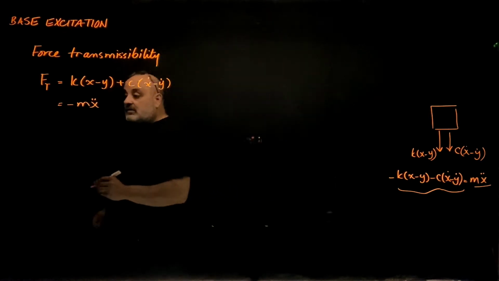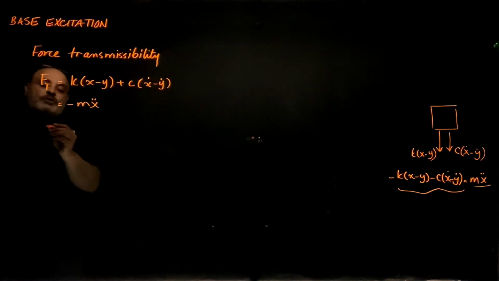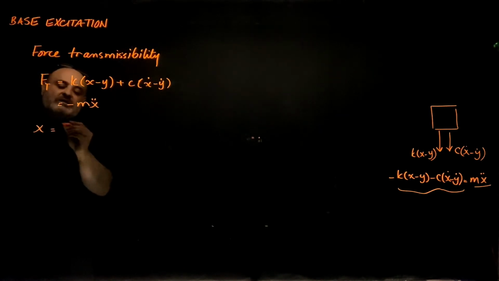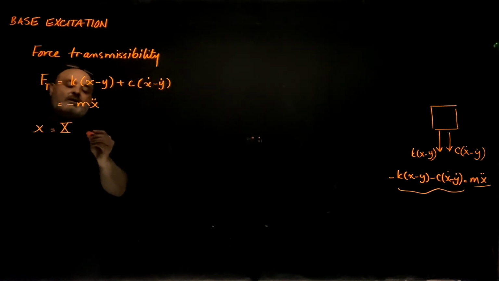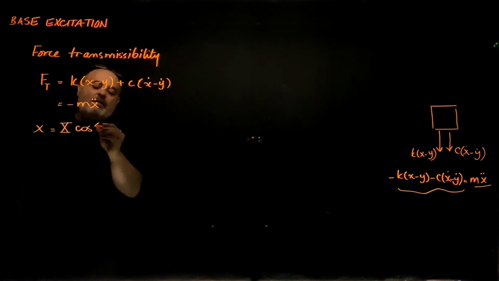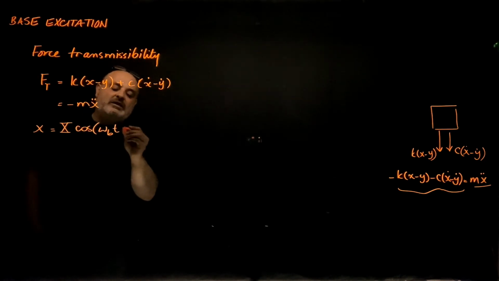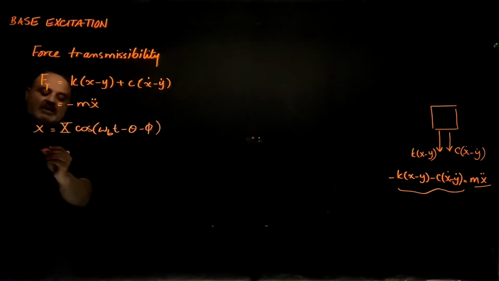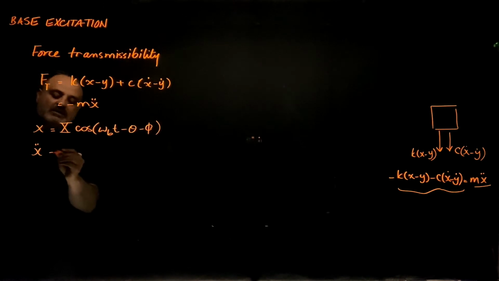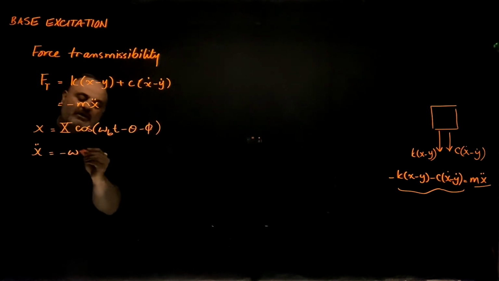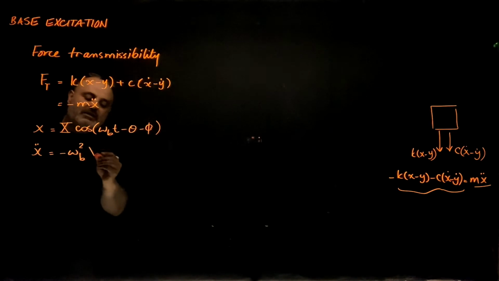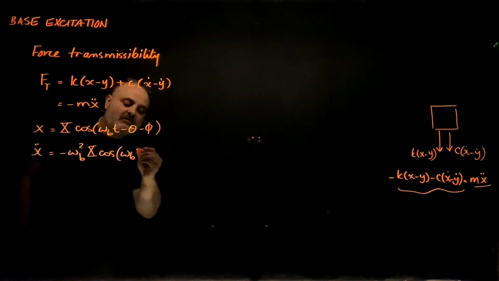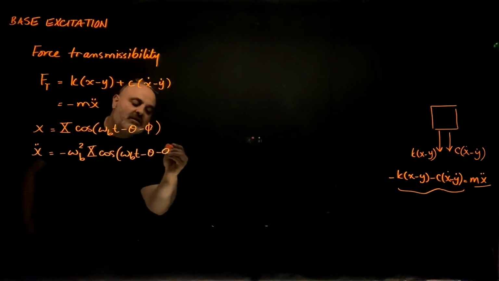Now, the amplitude or the motion x of t was X cosine(omega b t minus theta minus phi), which means that x double dot is negative omega b squared X cosine(omega b t minus theta minus phi).